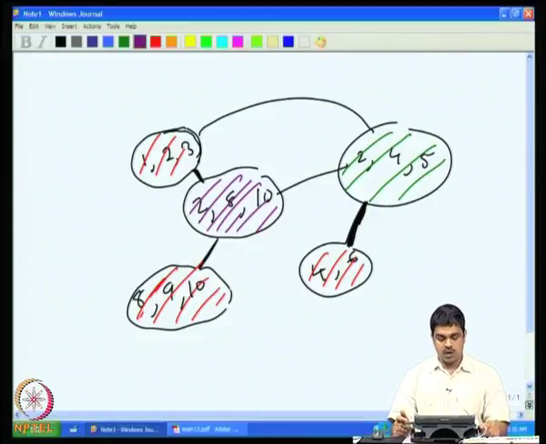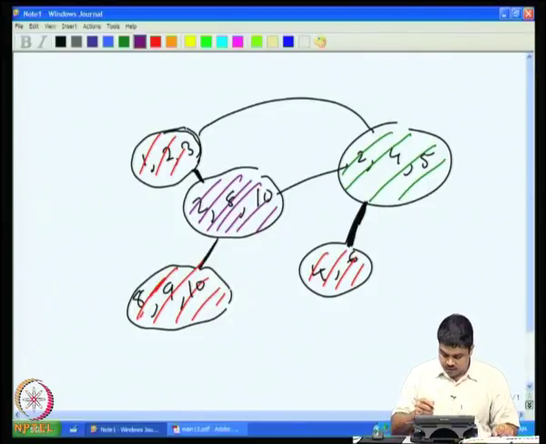Here we were looking for the minimum number of colors, which corresponds to the number of days required, such that the colors are given to the vertices of the graph so that whenever there is an edge between two vertices, they should not get the same color.